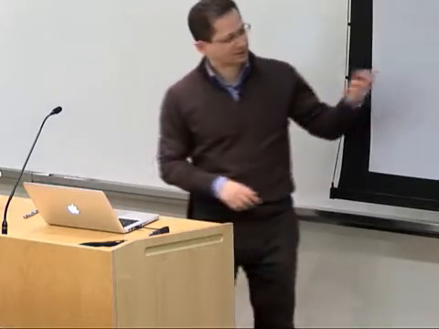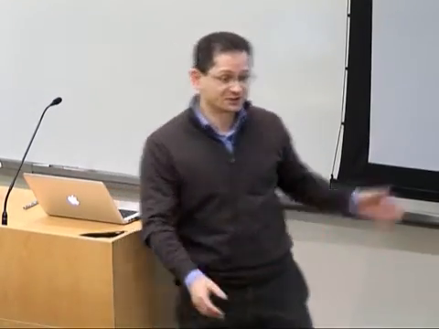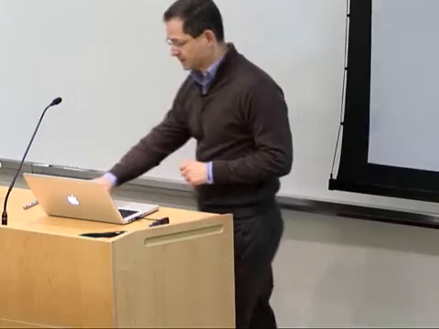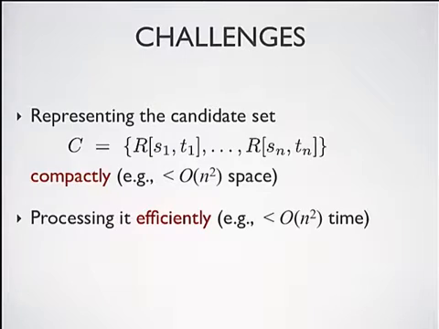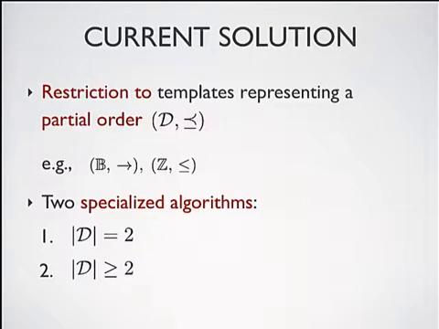Also, as you know, proving something stronger by induction is usually easier. So if you try to prove that all of the ones that have remained are inductive, it's usually easier than proving them individually. Okay, so some of these conjectures have been generated. We're done. As I mentioned, the question is, how do we do this efficiently? By representing the set compactly and by processing it, that is, the set of correct conjectures, efficiently.